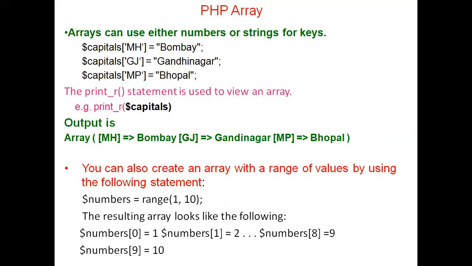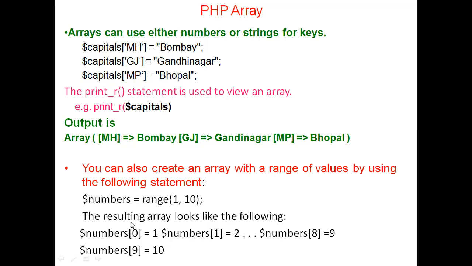How are you going to print the simplest array in one example, that is print_r. This is a ready-made function. Instead of using echo, there is a special function to print the array. Then here also we can create an array with a range value. This is the flexibility. Instead of printing 1 to 10 every time, I will give the range, from where to where, the starting and the ending point.